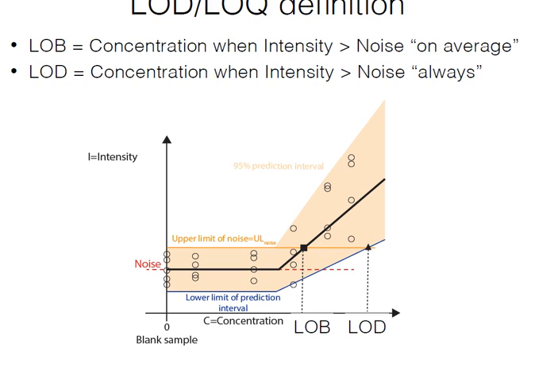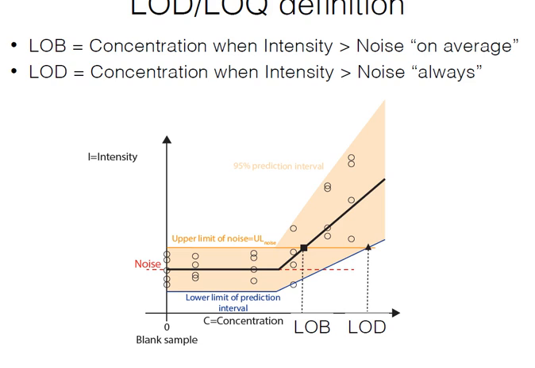Okay, so in terms of the response curves, how do you practically measure the LOB and LOD? Basically, you need an estimate for the upper limit of the noise, which for this specific response curve is very easy to get, because you have a very nice measure of the noise at low concentrations. Then you find the intersection between the response curve and this upper bound for the noise. This gives you the LOB.